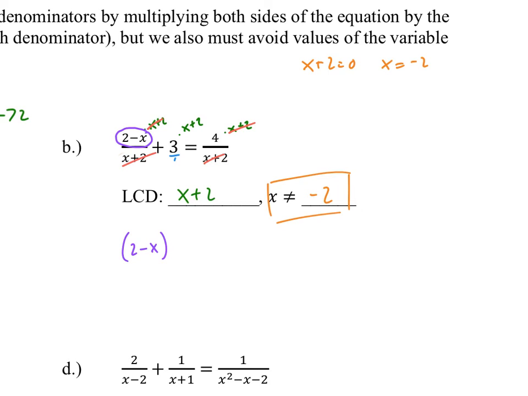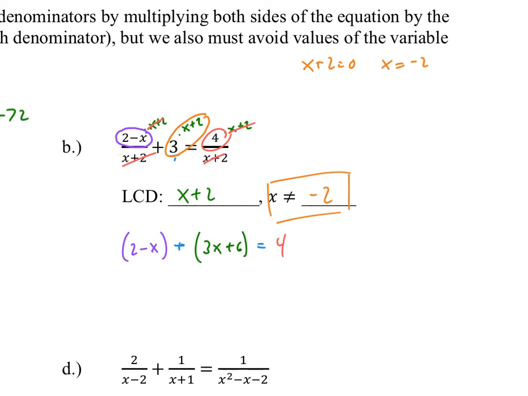In the middle here, I'm left with 3 times x plus 2, so I've got my plus, and it's going to get parentheses. 3 times x plus 2 is 3x plus 6. And then equals. And what am I left with at the end? Everything canceled, just that 4.